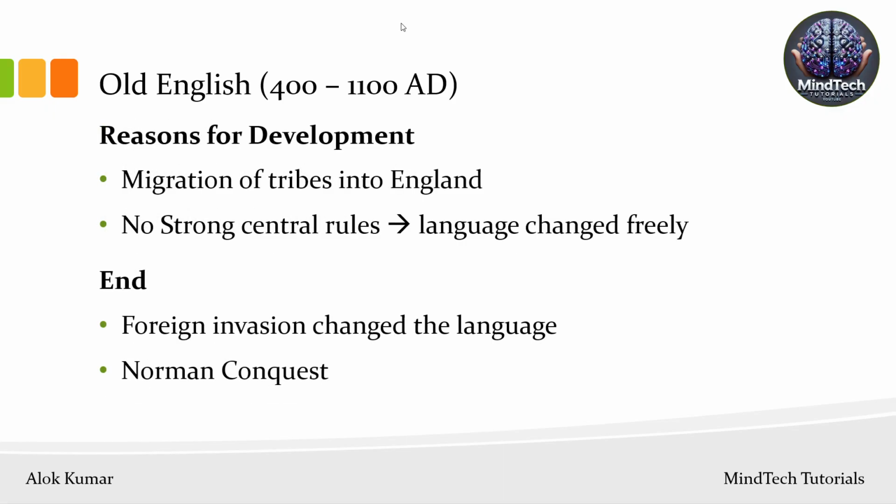Now we will see the reasons for the development of English in the starting phase. First, migration of tribes into England. Why did it start in that place? Because of the migration of tribes into England.